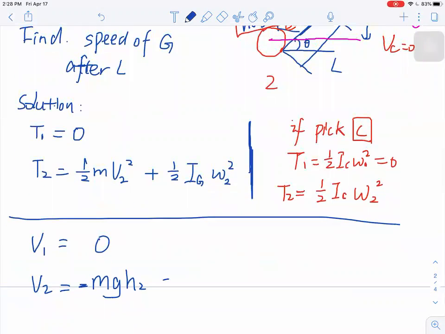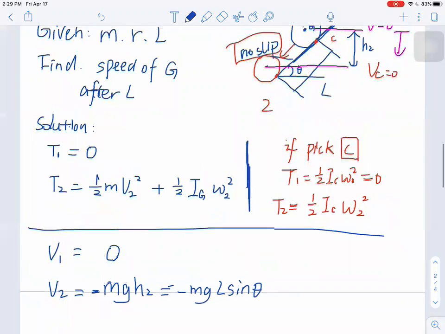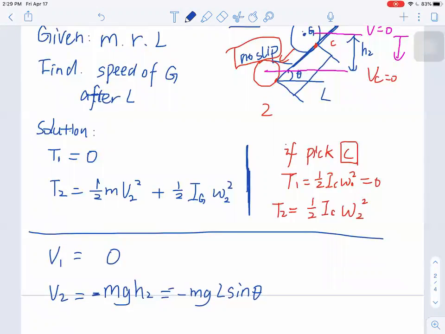And that h2 can be expressed in terms of L, the distance it traveled, and the angle theta. So it can be written as negative mgL sine theta. So that's the potential energy at position 2.